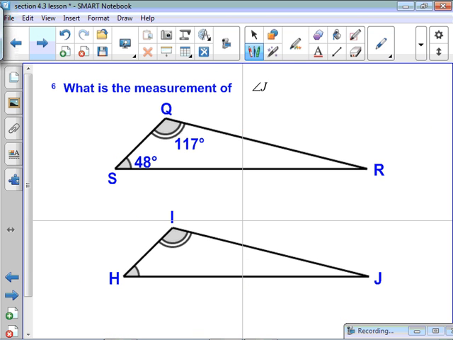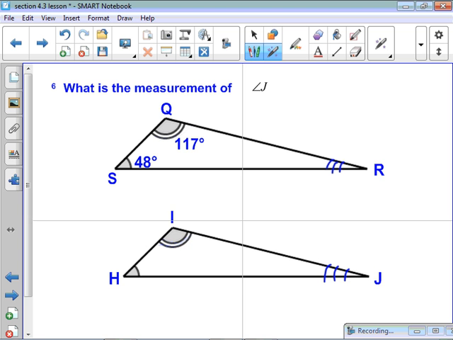What is the measurement of angle J? Same thing over here. We know that this one and this one are congruent. We know this one and this one are congruent. So that means that these third angles must automatically be congruent to each other.